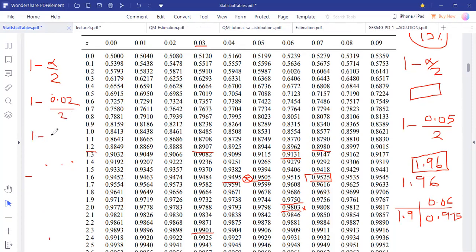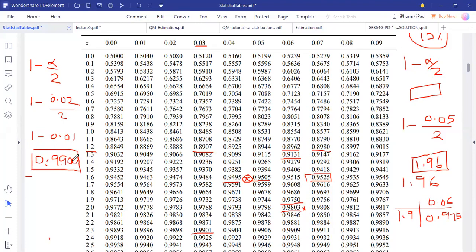Then what do we get? We are going to have 0.02 divided by 2. We're going to find 0.01, then 1 minus it gives us 0.99. So what do we do with 0.99? Then we go into the table.